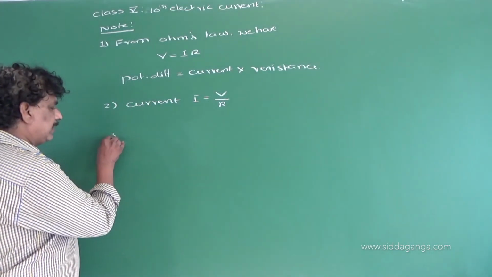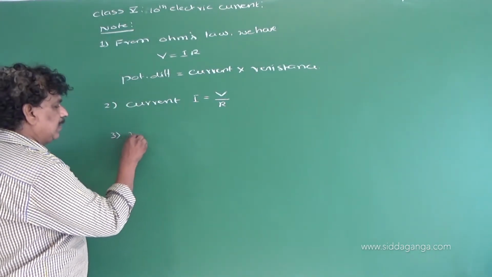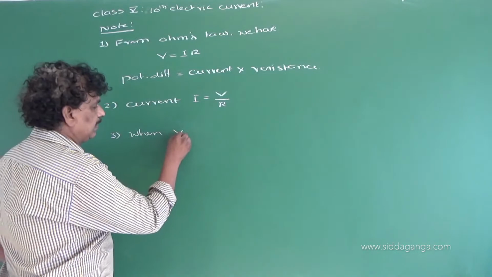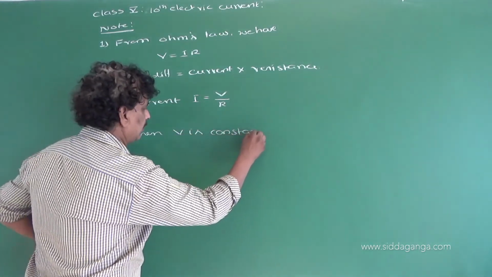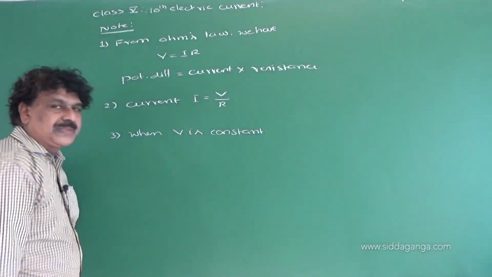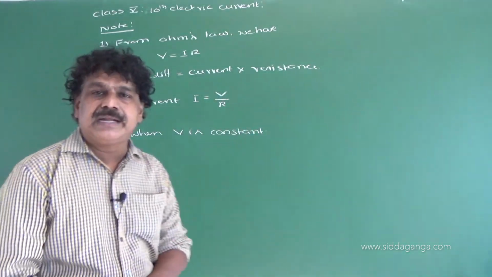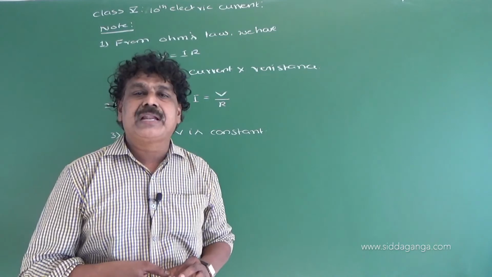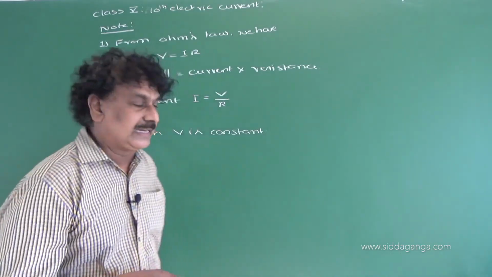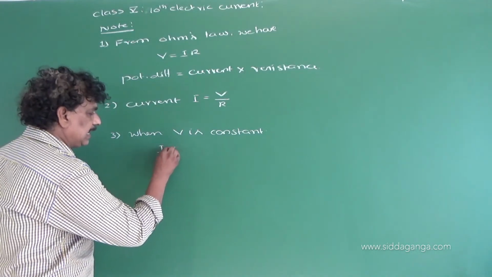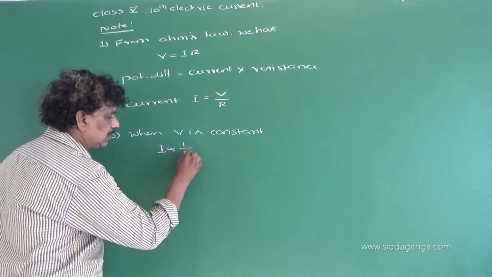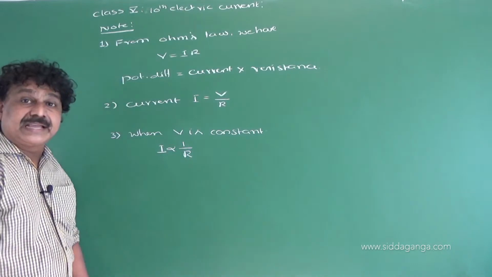Now the third important thing is when V is constant, that is, the potential difference remains constant, then the current is inversely proportional to resistance of the conductor.